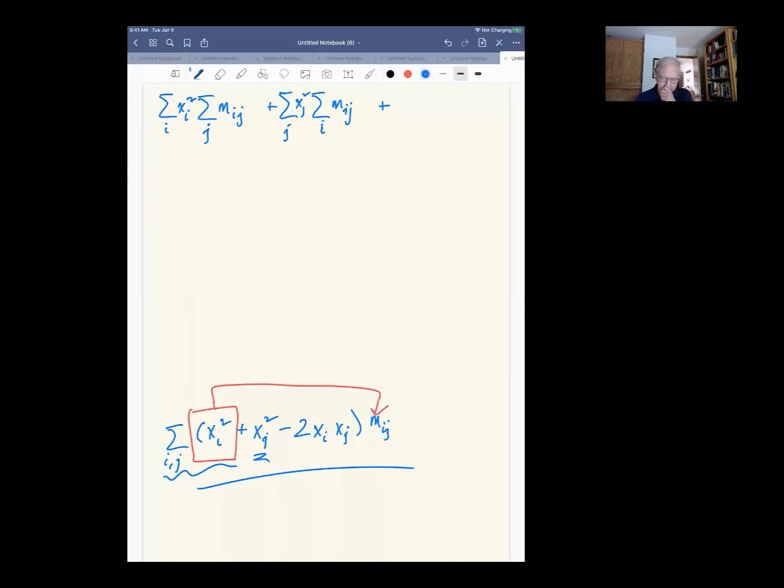Okay. And then finally, instead of being a plus, why don't we just be honest about it and say it's a minus. Then we might as well pull the 2 out front. And so here we've got a sum over i and j, and it doesn't really matter what order we put them in. So we've got x_i, x_j, M_ij. All right.